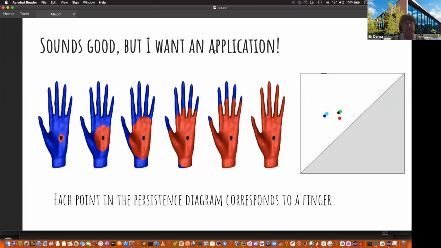So let's look at the image of this hand. That's obviously a 3D object, and we would like to figure out special features. Now, when we sample points by reading off the coordinates, if you turn this hand sideways, you might not be able to see 5 fingers at all.